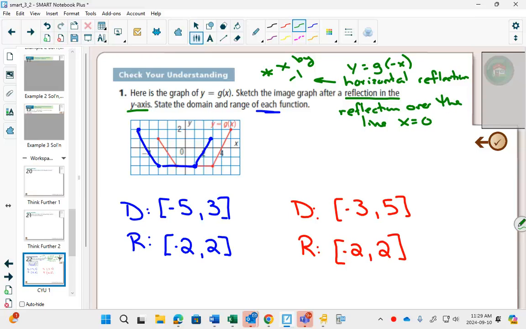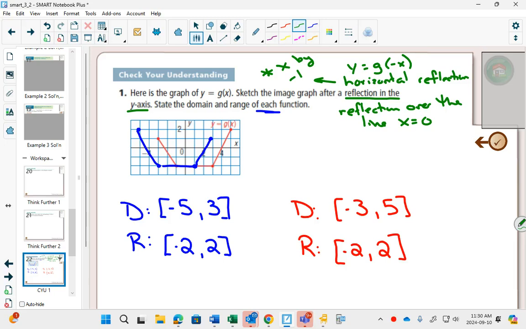And this will be some of the medium level problem solving questions that you might get. You might get a medium level question where I say, this is the original function's domain. I did a horizontal reflection. What's the new domain? And you don't have the picture. Because what did we do?